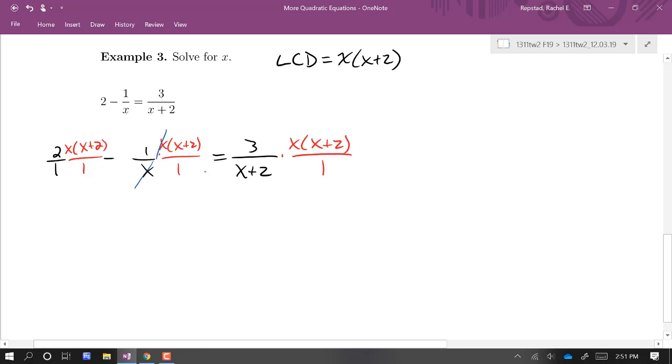The x's cancel. Here the x plus 2's cancel. So we start on the left side. We have 2x times x plus 2 minus x plus 2. Notice I'm keeping the x plus 2 in parentheses because I have to subtract that whole thing. And on the other side, what are we left with? 3x. So we've gotten rid of fractions.